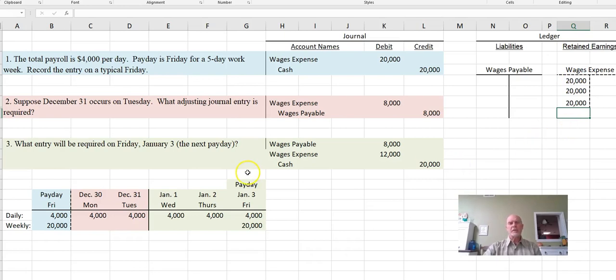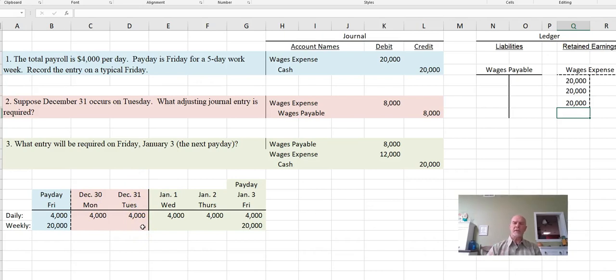And suppose we get over here to the last week of the year. And so we had payday on Friday, and now Monday and Tuesday are the last 2 days of the year, and we're going to make financial statements as of December 31st.